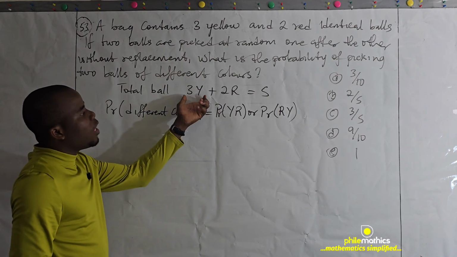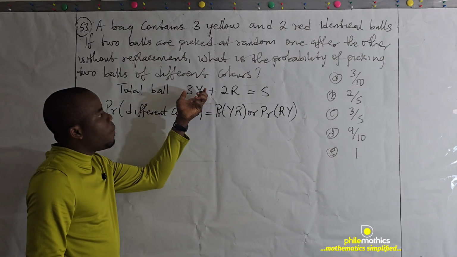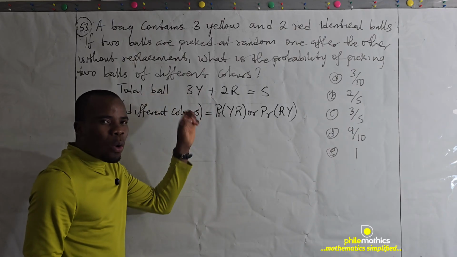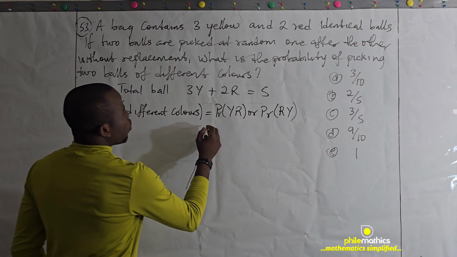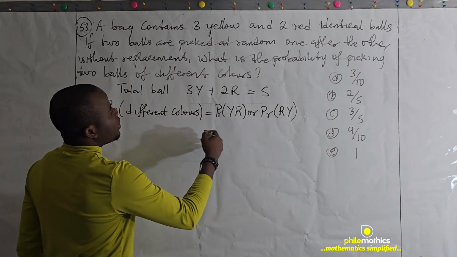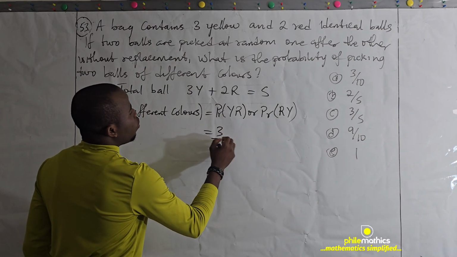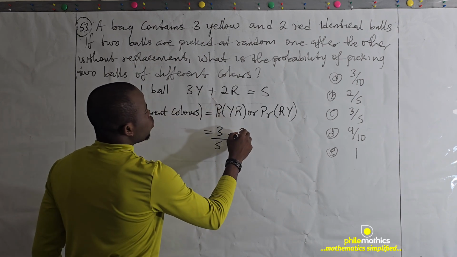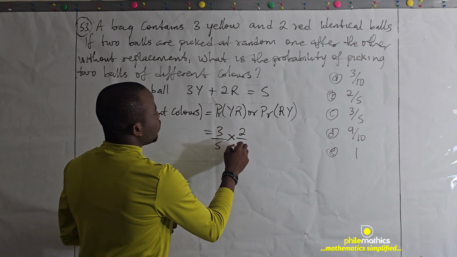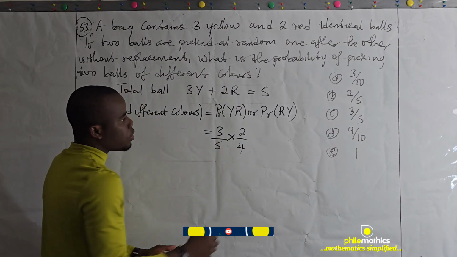Since it is without replacement, it means if I picked a yellow, that means my yellow has decreased by 1 and my sample space has decreased by 1. So yellow red is 3 over 5 times red is remaining 2 and the total sample space is remaining 4 because it's without replacement.